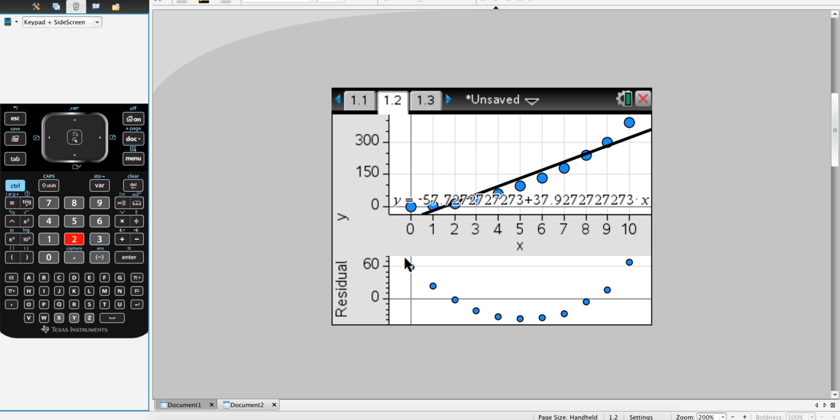So what I'm going to do now is use my little statement that I'll make when the residual plot shows a pattern.